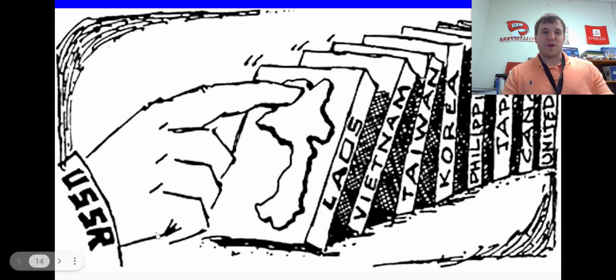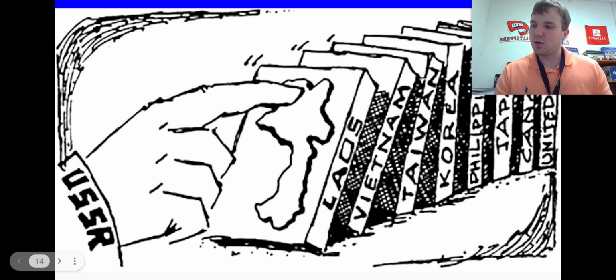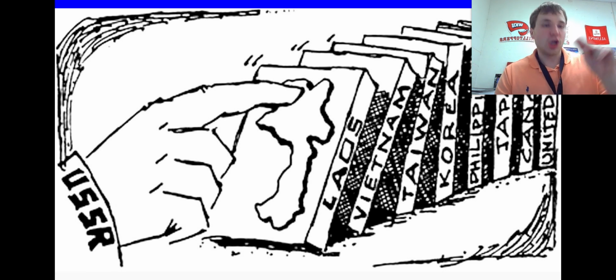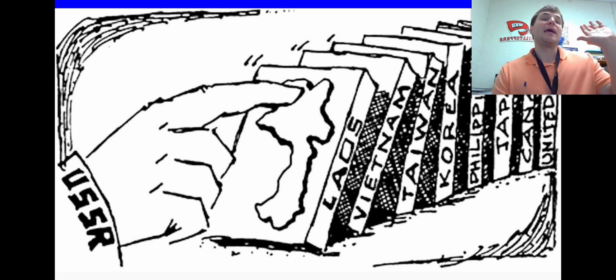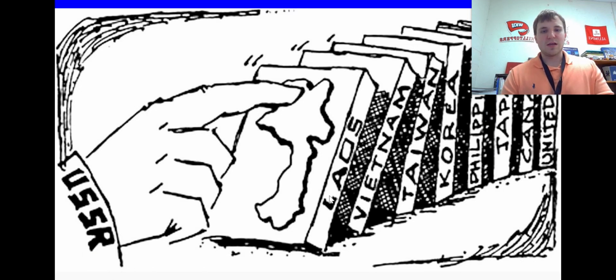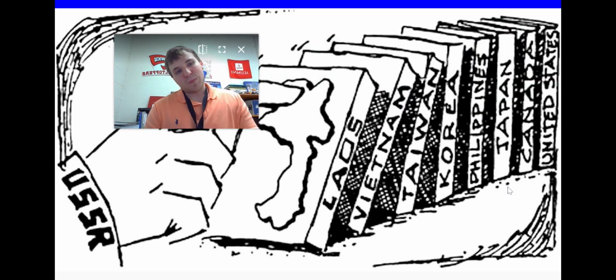And so the domino theory was this fear that if one country fell, quote unquote, to communism, the neighboring countries around it would also fall to communism. Pretty straightforward, right? If one country falls like dominoes, every other country around it is going to fall to communism. So you look at these dominoes: Laos, Vietnam, Taiwan, Korea, Japan. And look what the last domino is. The United States.